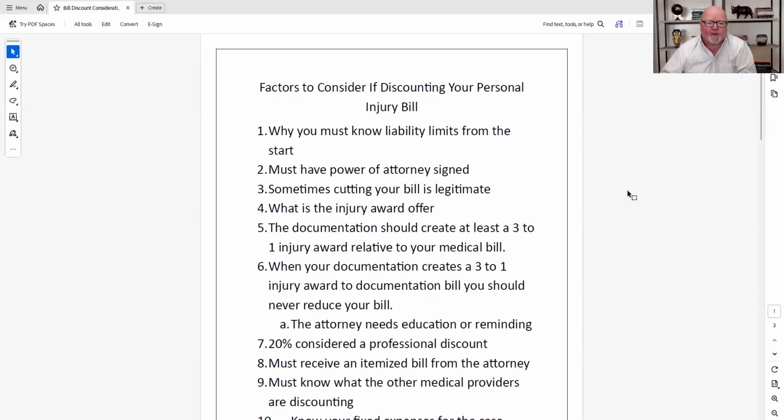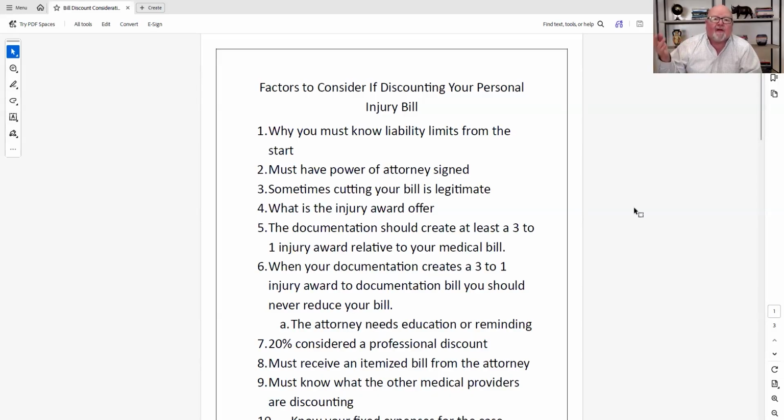So number one is why you must know liability limits from the start. We talked about this extensively. You have to know what the limits of this case are, because depending on the state you're in, if you're in a fault or no fault state, this gets to be very, very important.